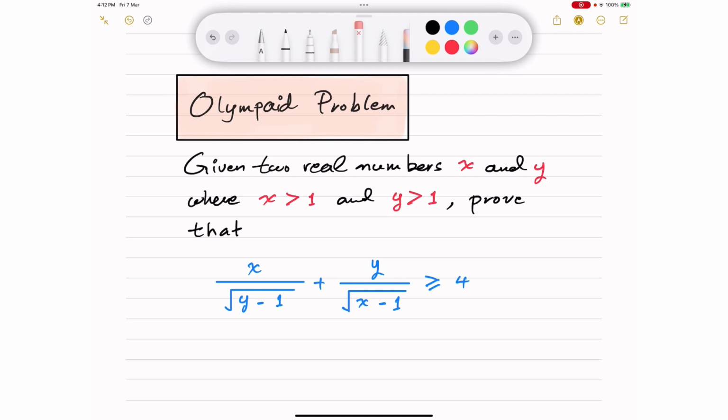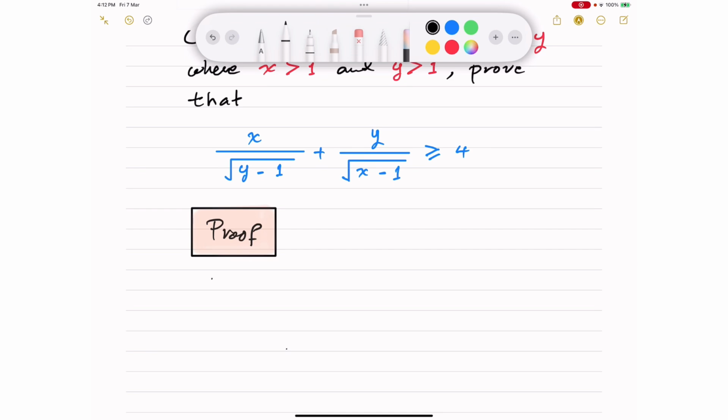Okay, so now to prove this inequality, let's start by writing the word proof here. We're going to define two new variables, u and v. We let u equal the square root of x minus 1, and we let v equal the square root of y minus 1.